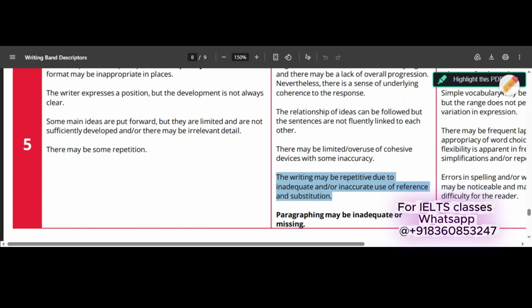So basically, you are repeating the same word again and again, and you are not referencing it, not substituting it, not using reference and substitution for it. So that's why I'm telling you that if you want to improve your score in IELTS writing Task 2 or Task 1, both, you have to make use of references and substitution.